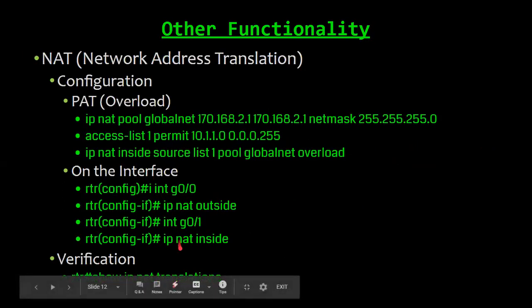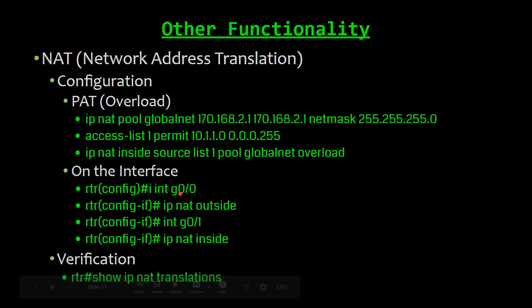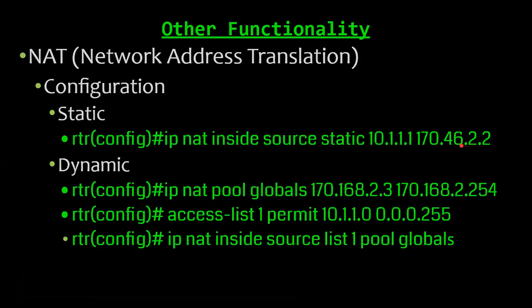So with that static NAT translation, anything coming from interface gigabit 0/1 that's got the IP address of 10.1.1.1, if it was going to the outside world, to the outside interface, would get translated to 170.46.2.2. If it was going anywhere else, say there was a third interface, gigabit 0/3, it would not get translated.